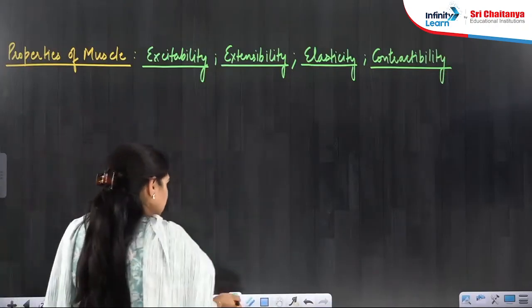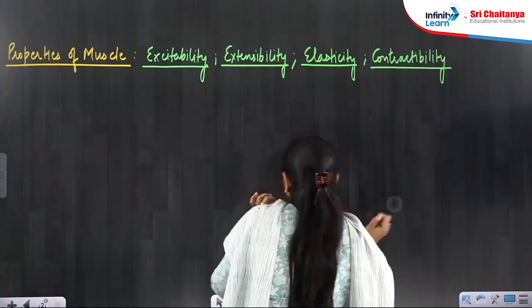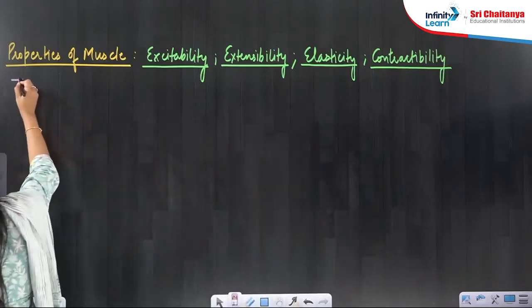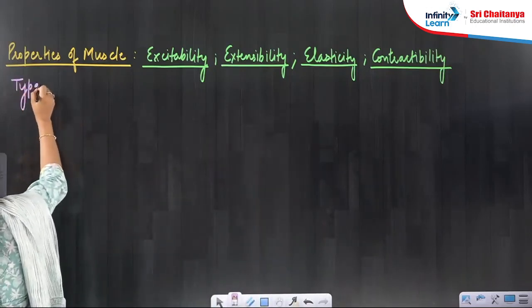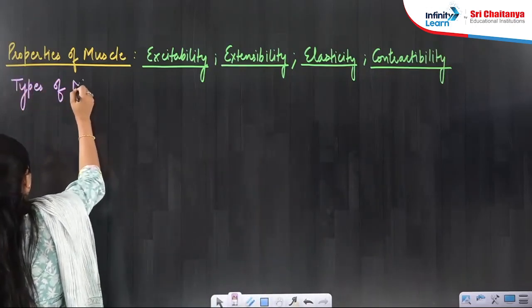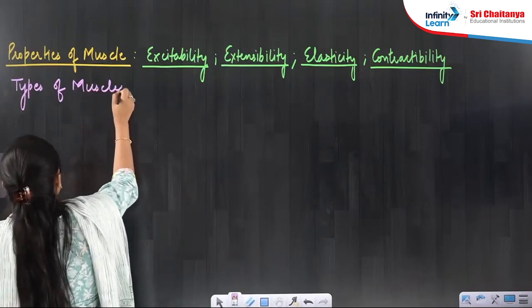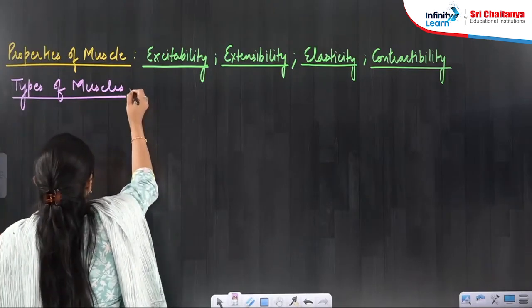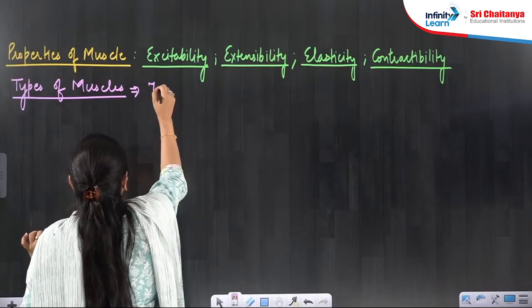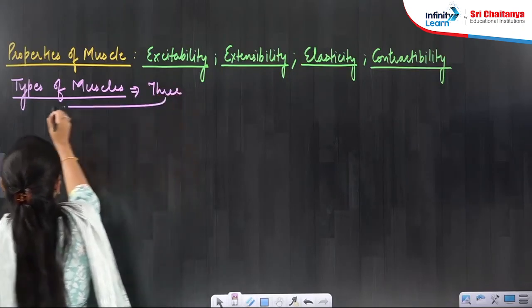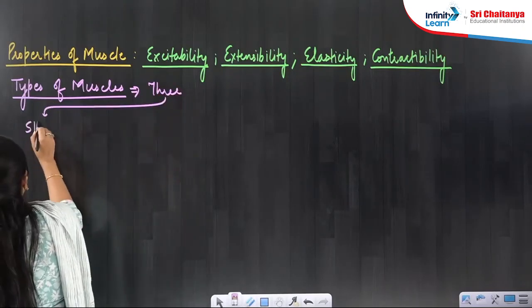Let us talk about the types of muscles. There are three types of muscles.